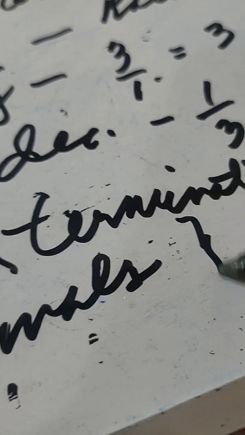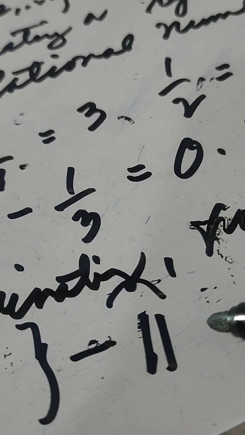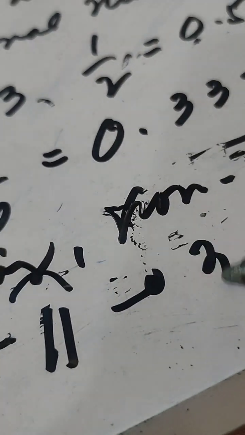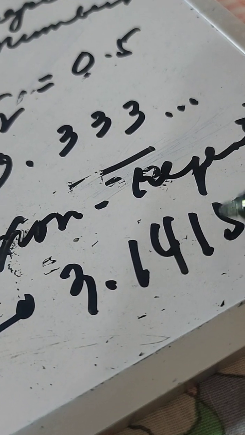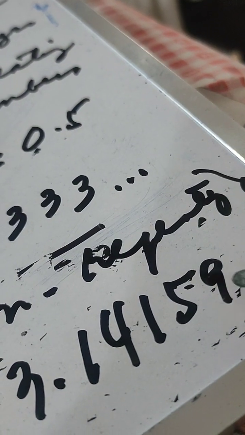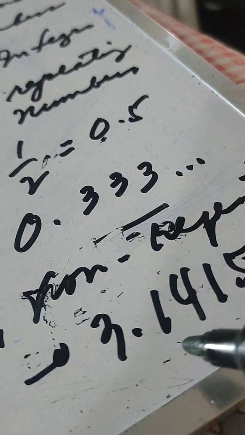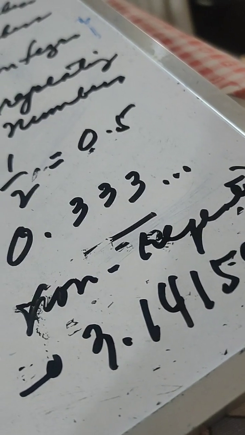Okay. An example is pi. A common example for this is the value of pi. The value of pi is 3.14159 and there are more digits. You cannot determine when 1 will come again, when 5 will come again in the process.